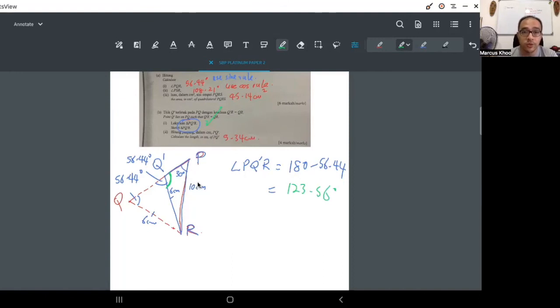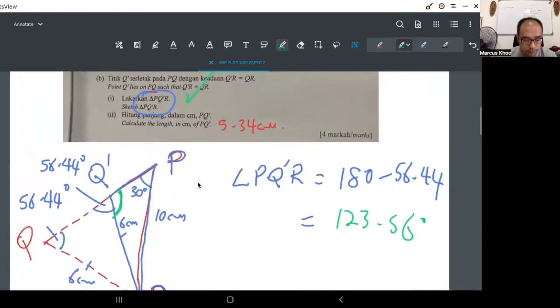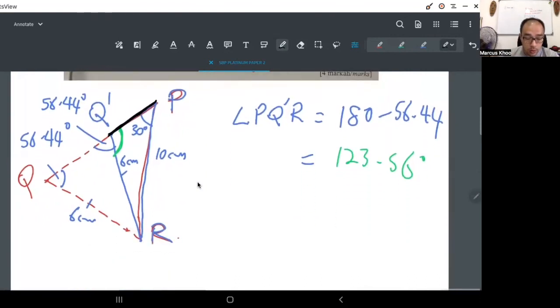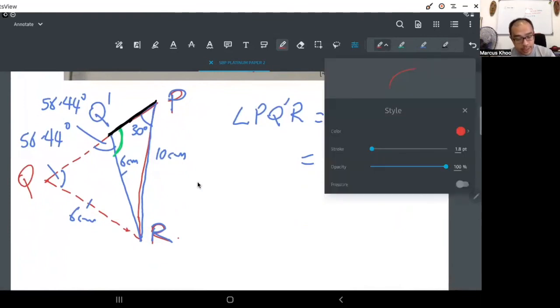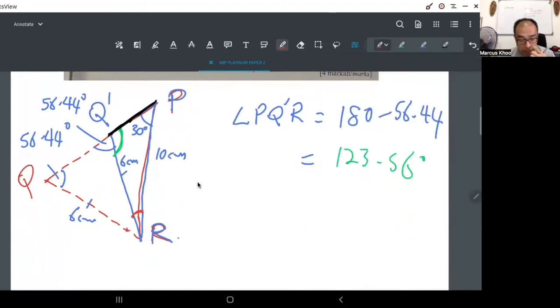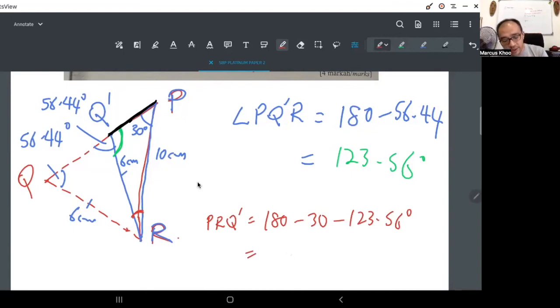Okay, let's see whether it's useful. So calculate the length of PQ prime, which is this one. Well, if we want to do this, we will have to find this angle. So angle PRQ prime equals 180 minus 30 minus 123.56, which gives us 26.44 degrees.